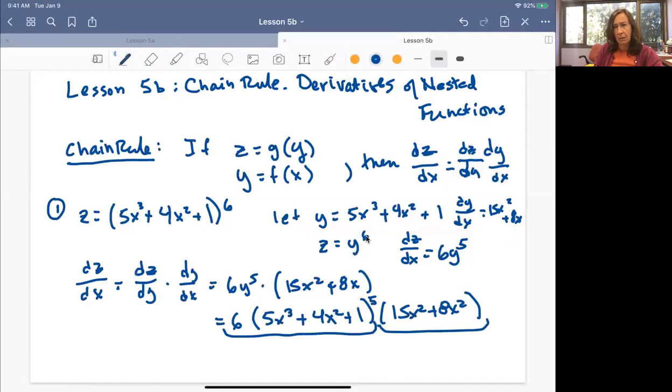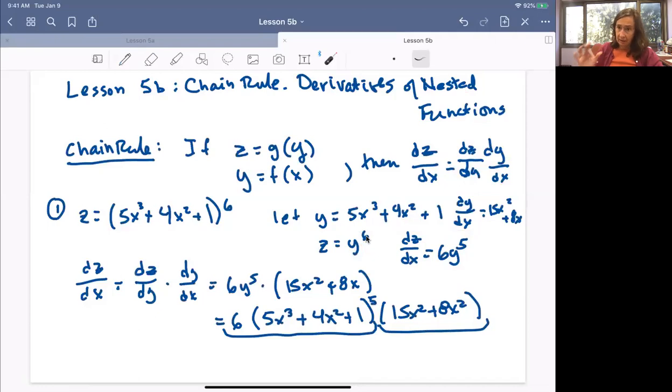I will say, writing out what y is when you're doing the chain rule can sometimes save time. If you're taking a complicated derivative or working through a long process, it's really easy to forget the derivative of the inside step, so writing it out sometimes actually saves you time.